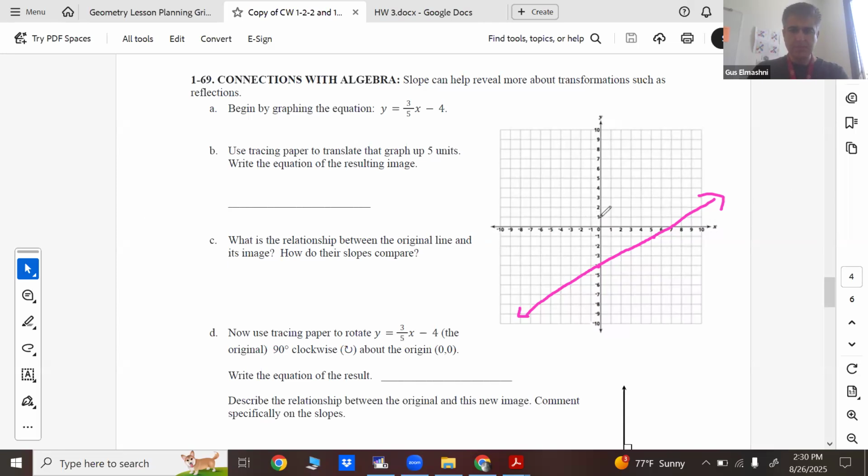For B, do we have to draw it? You should. Okay. So the y-intercept is what on the original graph? What's the y-intercept in the original graph? So if you go up 5, what should it be now? There you go.